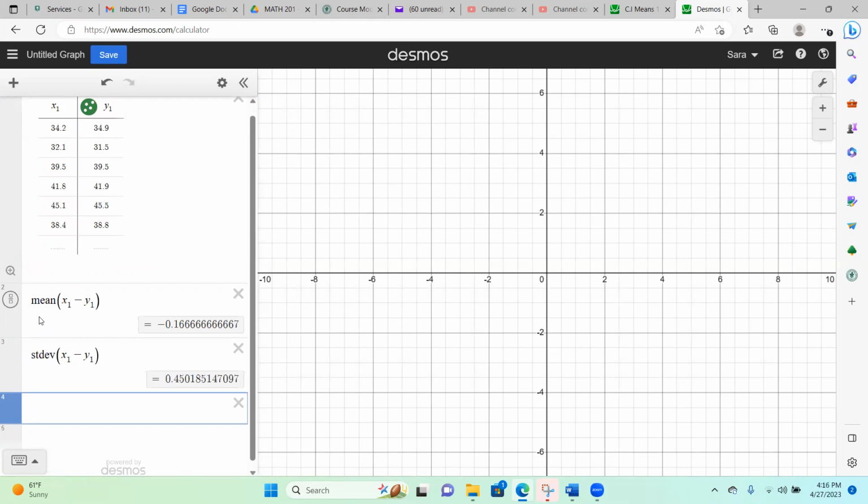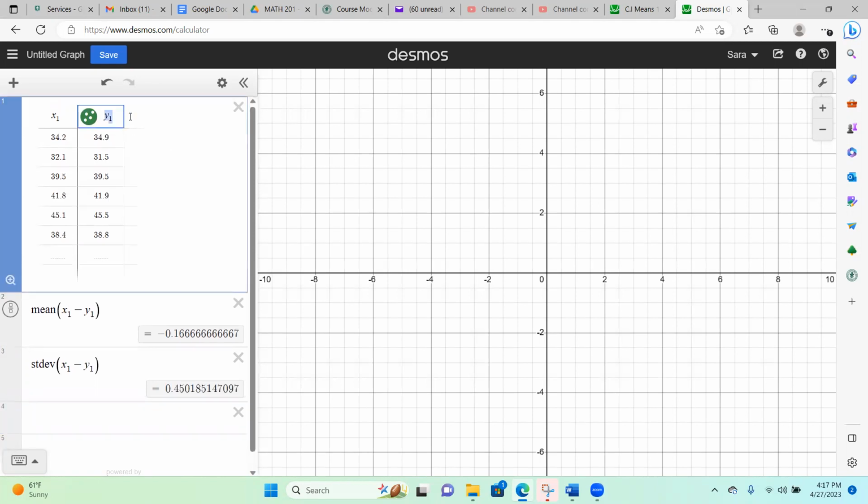And so the mean of the differences is negative 0.1667, and the standard deviation is 0.4502. And if you want the actual differences, notice I'm creating a third column here, and I can just say X1 minus Y1.